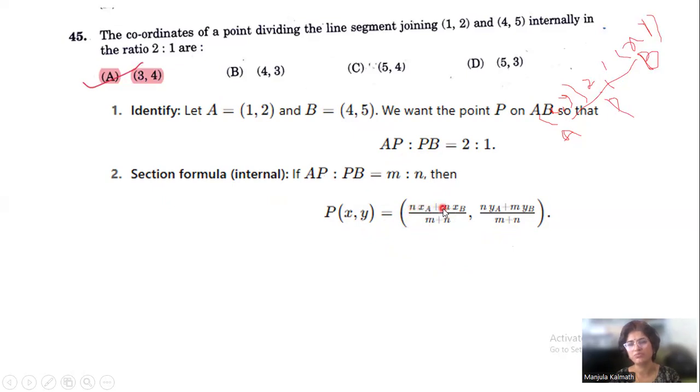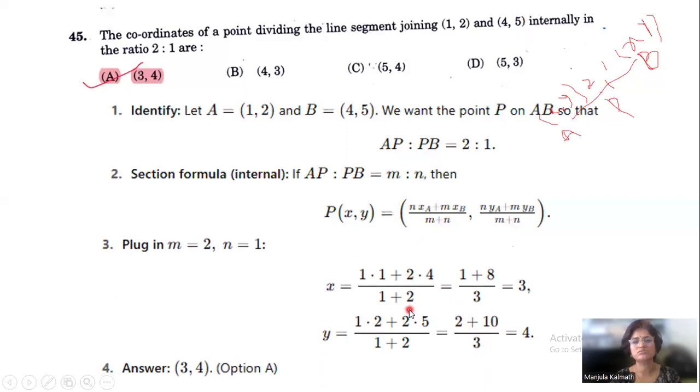N is 2 here and M is 1, and like that we take X of A and X of B, and similarly Y of A as well as Y of B. We substitute here and simplify the formula, and we'll get the final answer, that is (3, 4). So the result of this question will be (3, 4).